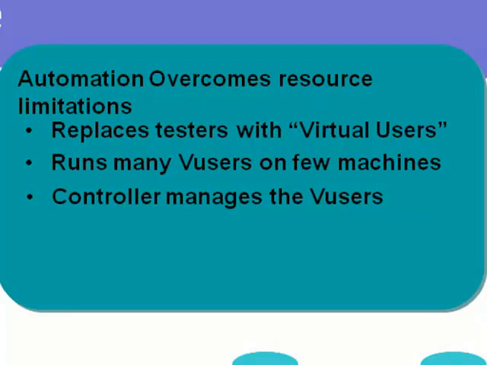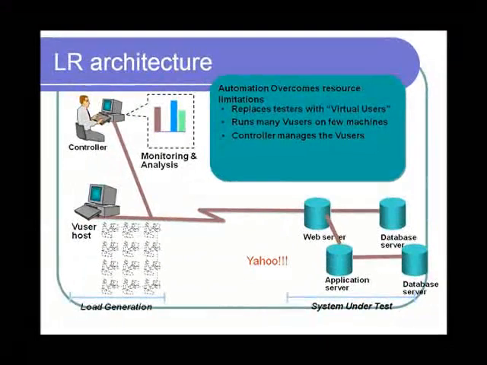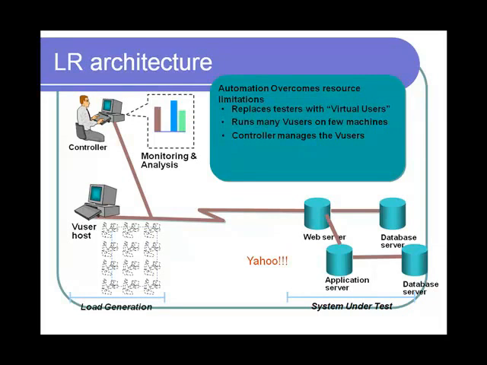The concluding component of the LR architecture is monitoring and analysis. Again, monitoring and analysis is done using a monitoring and analysis tool, which could be available on the controller machine itself or on a separate machine. All the various performance parameters like throughput, memory consumption, processor speed, etc. are recorded during the runtime and later analyzed using the analysis tool.